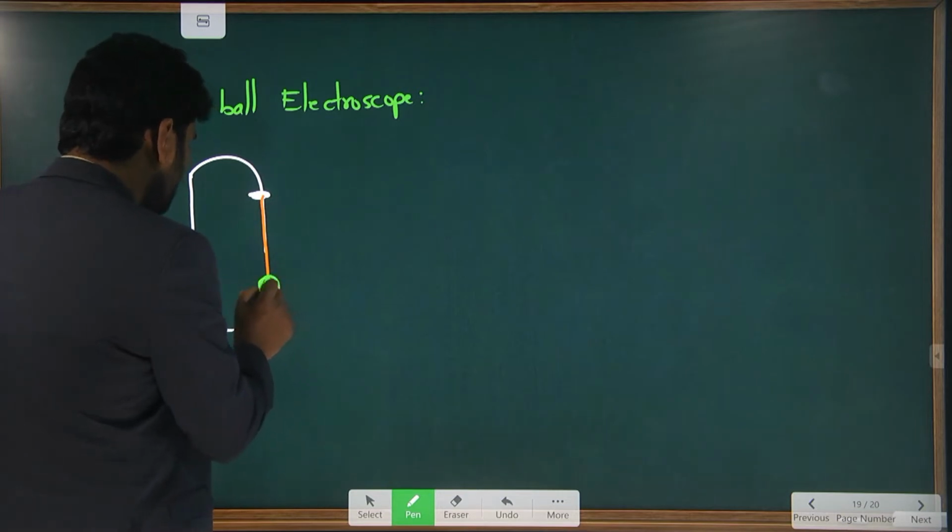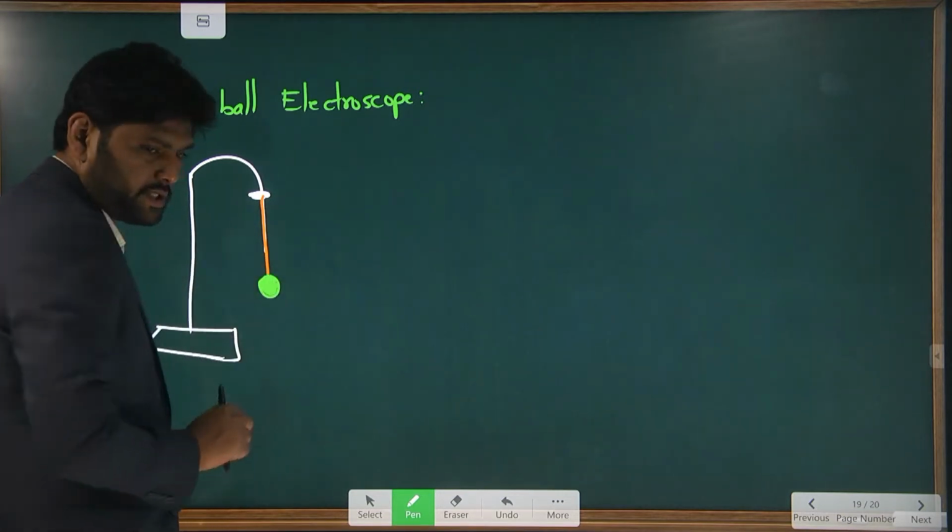This pith ball is attached to the non-conducting string.